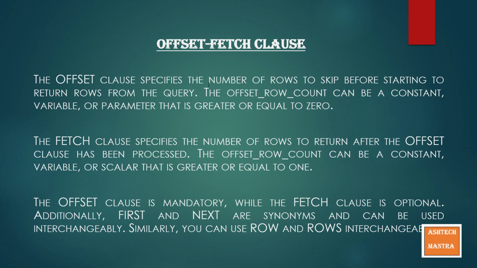So when I am executing this query, you can see the result set. It has returned 13,014 rows. This is a simple query. So now I am going to show you how we can use the OFFSET and FETCH clause in this query, and how helpful it is for us.